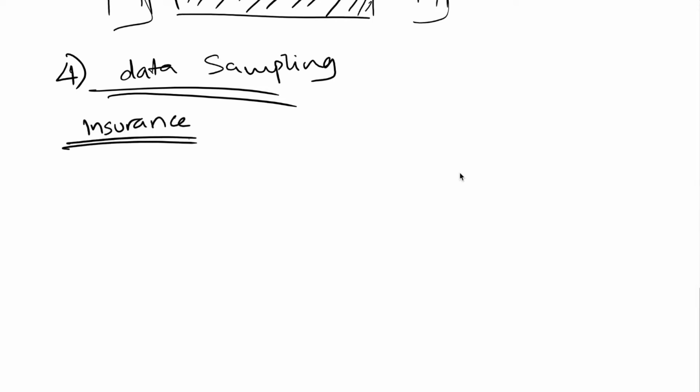Let's say you have a data set of insurance, and you want to predict if a person has, so let's say caravan is the type of insurance this company sells. So you have to predict if the person has caravan insurance, yes or no.